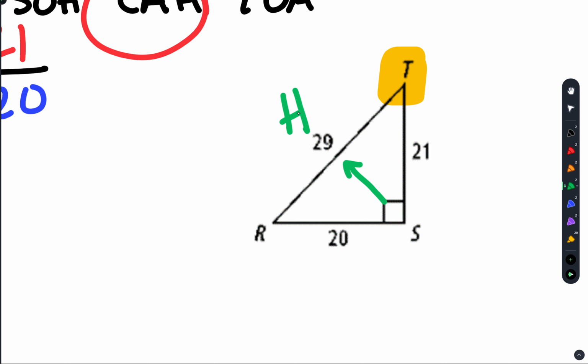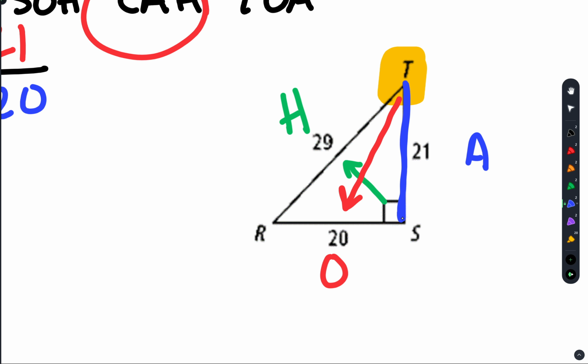So that's H. Relating to T. Okay, look at angle T. What side is opposite to T? 20 is opposite T. So then that leaves 21 is the adjacent side, and I know it's adjacent because it's right next to that angle T.